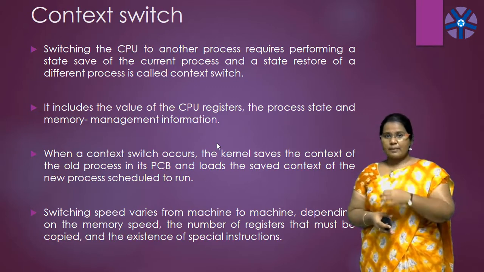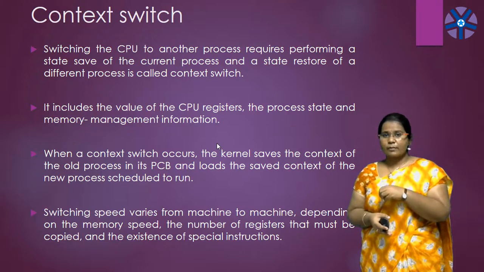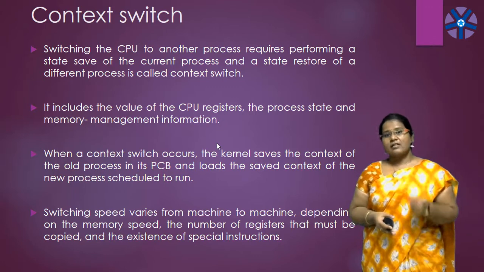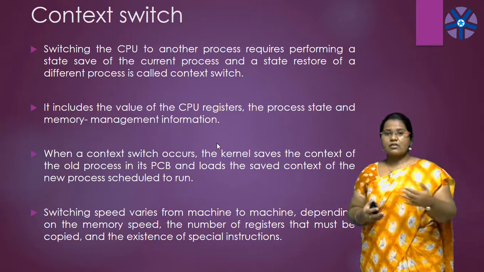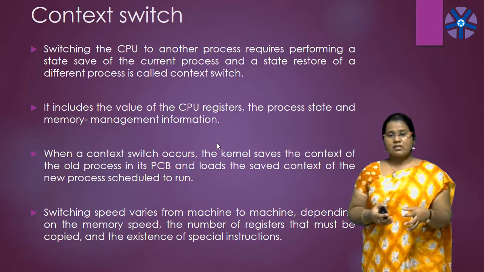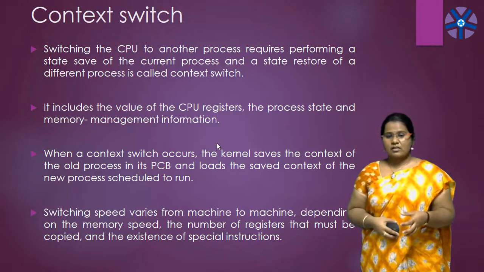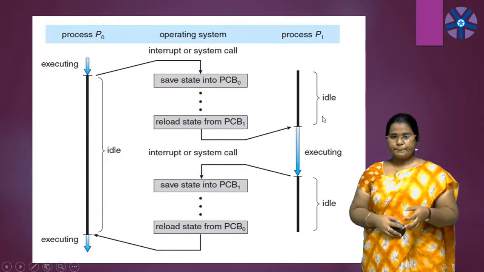This restoration of the saved contents of the process control block of the suspended process is known as the state restore. This state save and state restore of the contents of the process control block of different processes between the CPU and the kernel is known as the context switch. You can observe this in the following diagram.